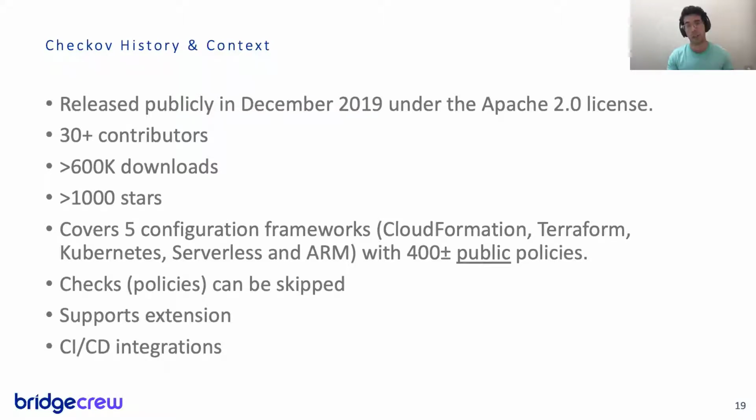It supports extensions, so if you want to add a custom policy that is relevant only for your organization and you don't want to contribute it back, which is a shame, but if you do want to contribute it back, you're welcome to be the 401st policy. If you do not, and it's relevant only for your organization, you can host custom checks within your GitHub repo, whether it is the Terraform repository or an external one, and even share policies within the organization. And you can integrate it into your CI/CD pipeline, and we'll see how to do that in this workshop.